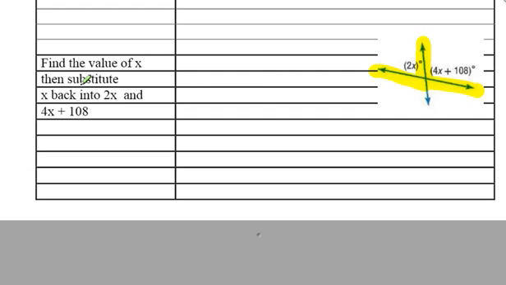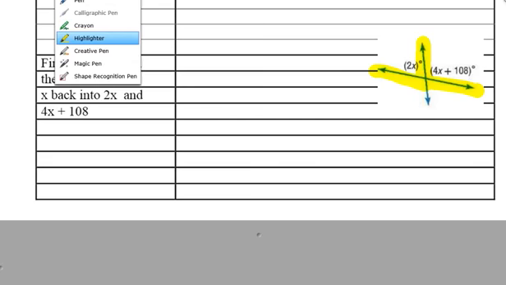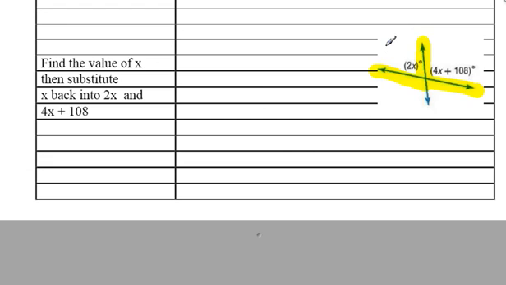They are not equal to each other, they are supplementary. They have a sum of 180 degrees. So this 2x plus this 4x plus 108 equals 180 degrees.